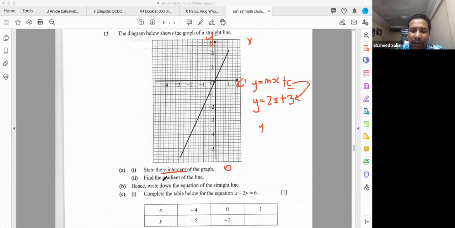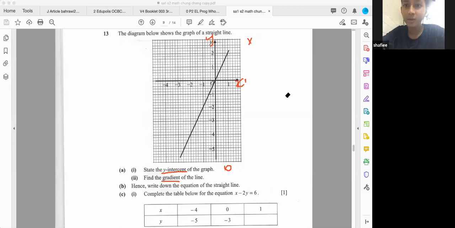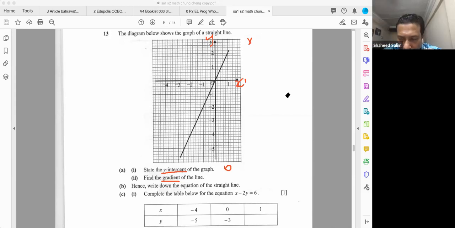Now they ask you to find the gradient. Shafi, what's the gradient? What's the meaning of gradient? Cannot remember. Okay, Inshira? Gradient, Inshira.